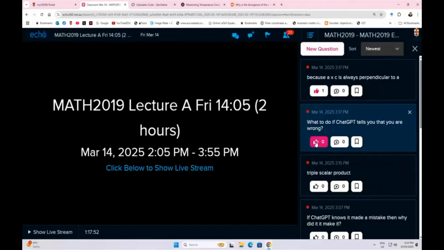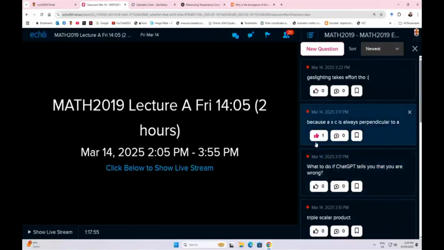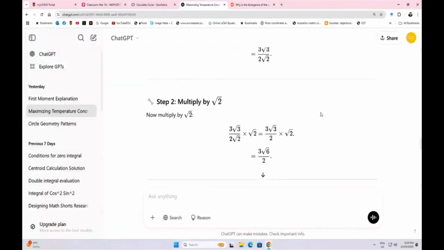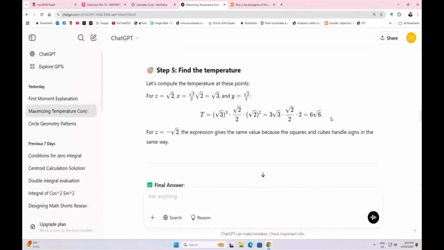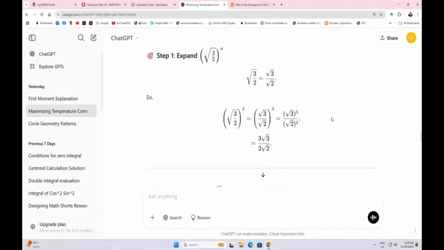Yeah. Well, if ChatGPT tells you wrong, I don't know. One thing that we're talking about at the moment, by the way, in the School of Maths, is the use of GAI, okay? One suggestion was just give students a printout like this and ask them if the solution's valid, or how could it be improved, right?